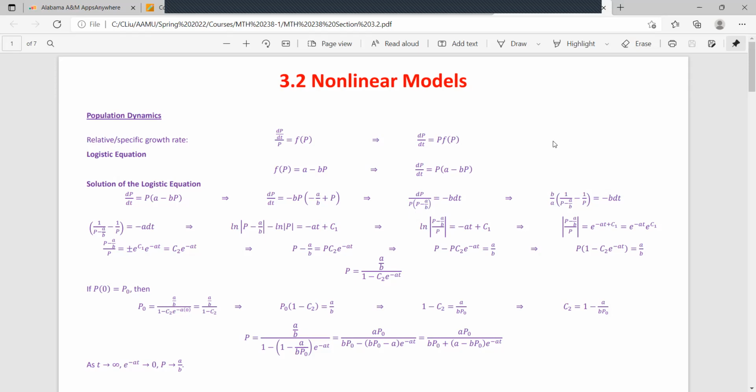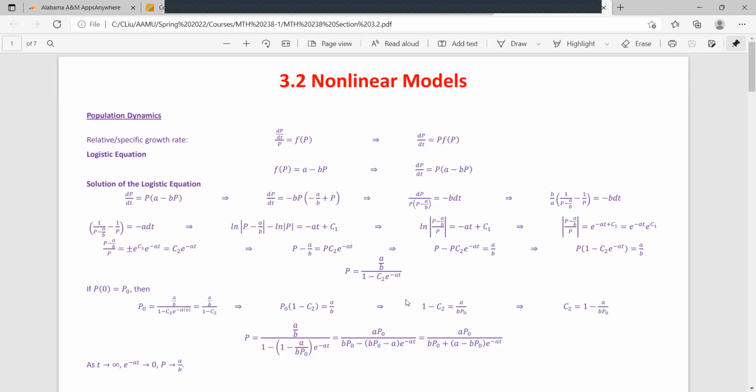You can write this fraction 1 over p times (p minus a over b) equal to A1 over (p minus a over b) minus A2 over p, and then you solve for A1 and A2, and it turns out just b over a. So you have to do that a little bit, but it's not complicated. I think we did it before, so you do it in the same way. Any other questions?